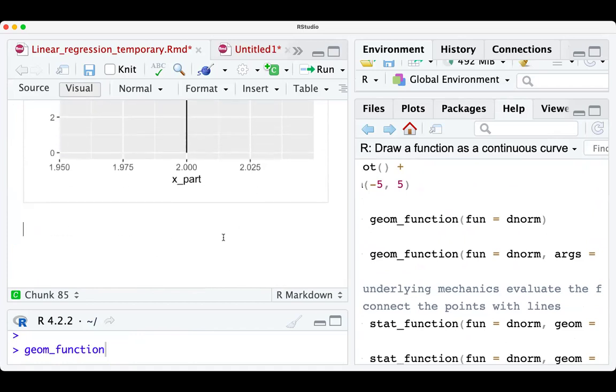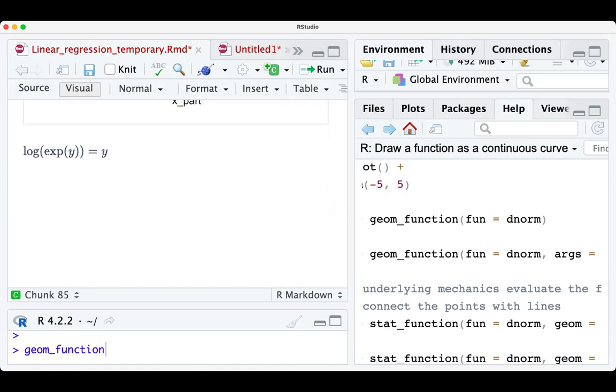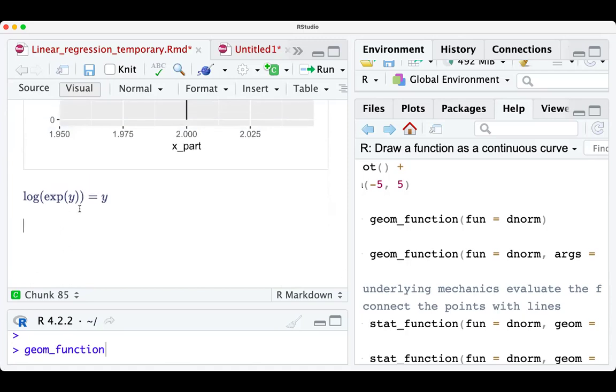So the logarithm is a function which inverts the exponential. So in particular the logarithm of the exponential of y is equal to y, or the exponential of the logarithm of x is equal to x.